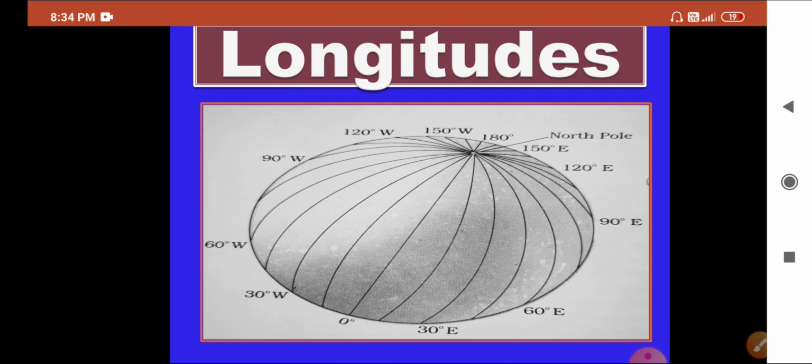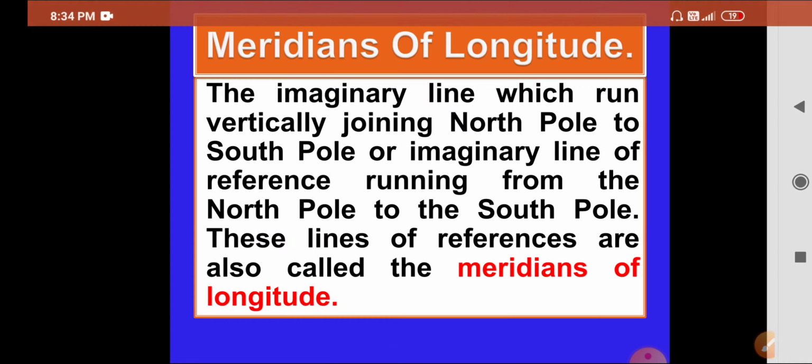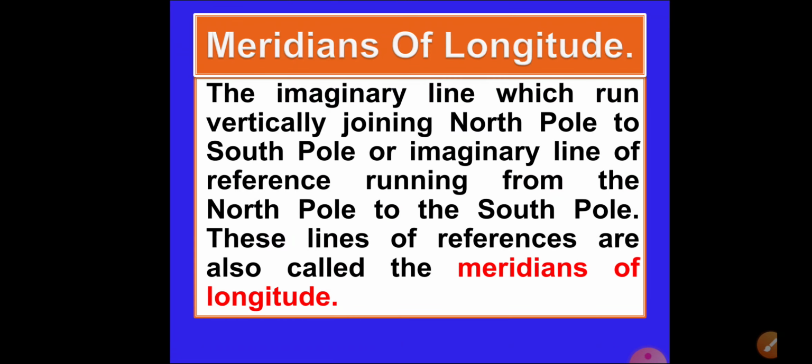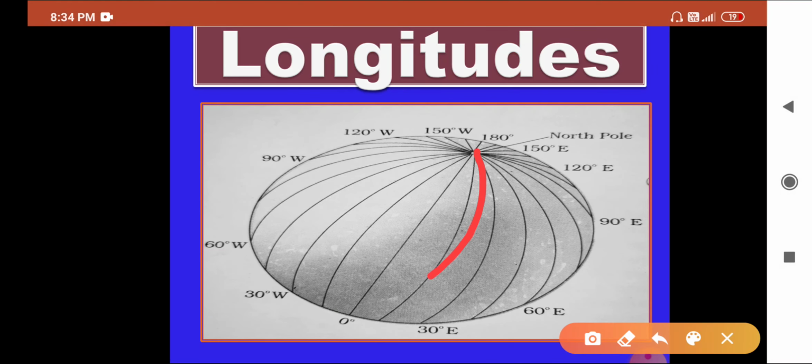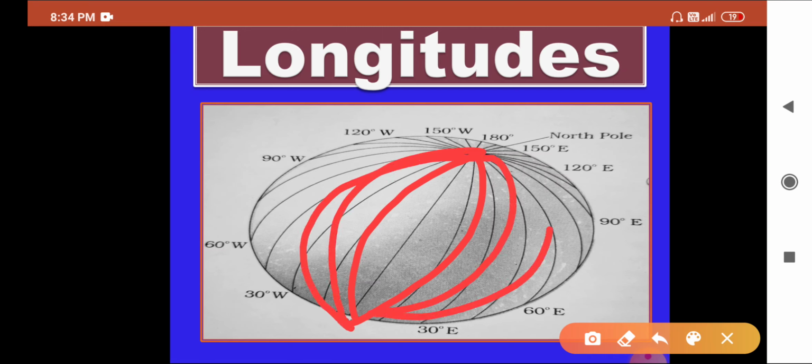Now I'm showing you in the slide. You can see, meridians of longitude are the imaginary lines which run vertically joining North Pole to South Pole, as we had seen in the picture. This is the North Pole region and this is the South Pole region. So from North Pole to South Pole, these are joining vertically. These are not real lines on the earth, these are imaginary lines, you have to understand.